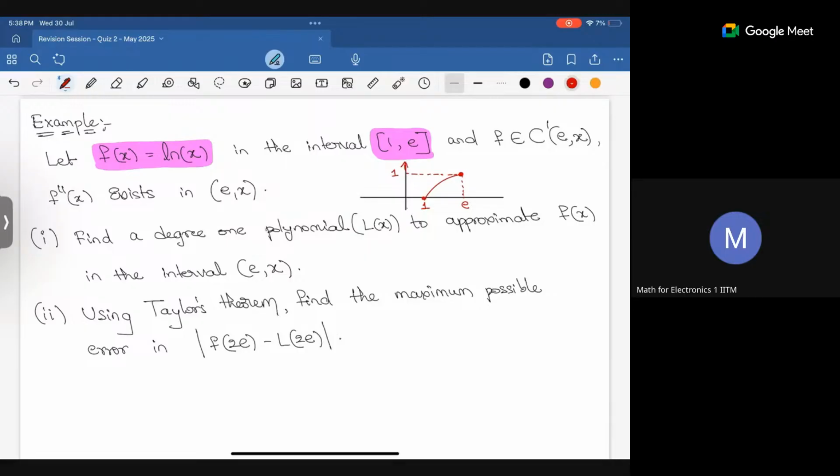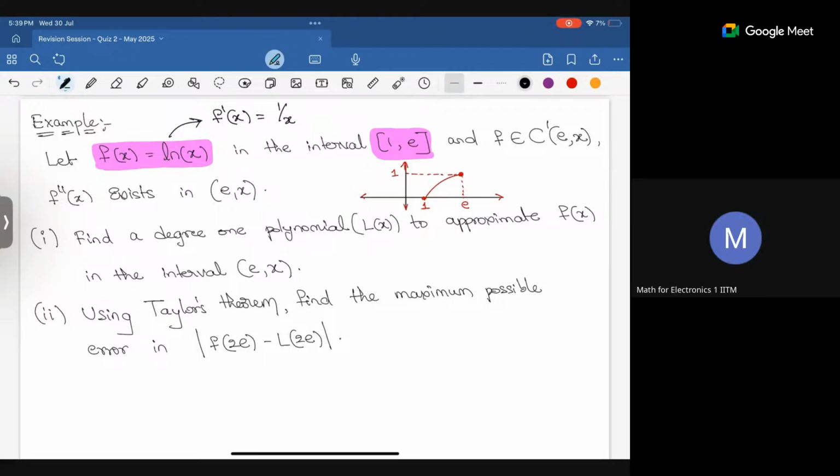This is how a rough plot will look. You need the derivative also, right? So if f of x is ln x, the derivative function will be 1 by x. Once you have 1 by x, the derivative of 1 by x, we know how to compute.